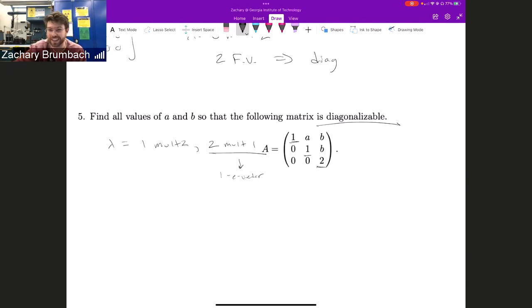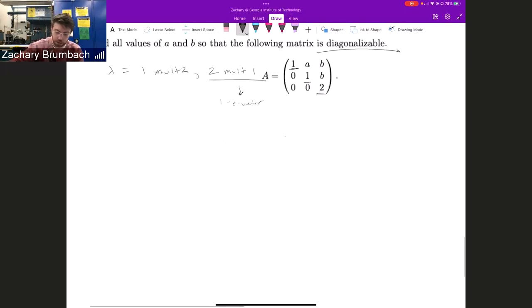So we don't really have to consider the 2 space here, okay? Does that make sense why we can skip that step? Anybody, if that doesn't make sense, say so in the chat, let me know, and I'll explain further.